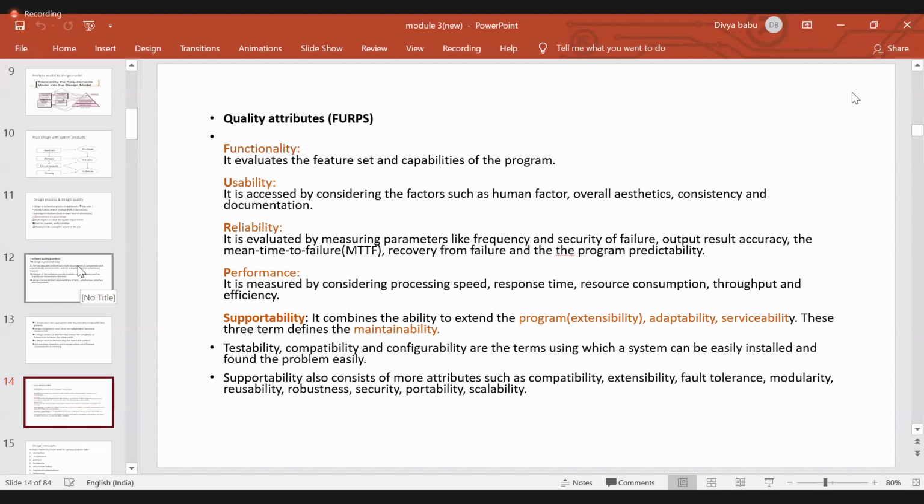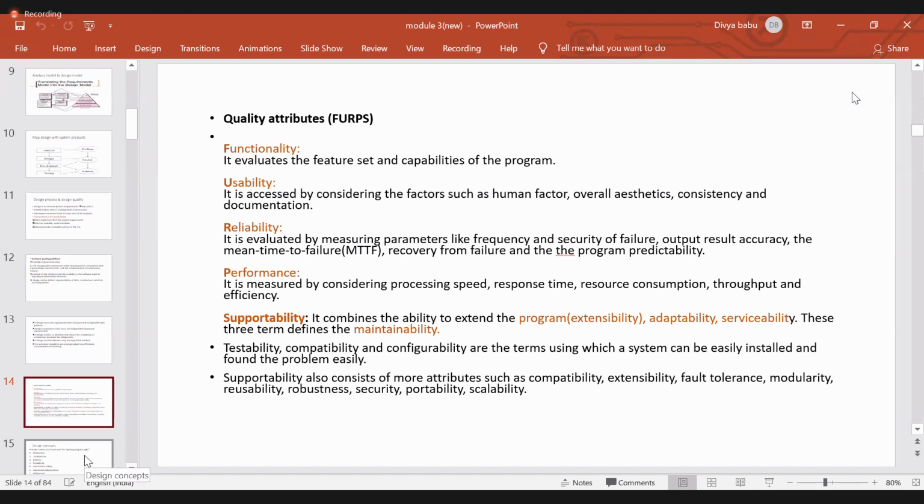Sometimes for Apple products, some apps are not working. Most of them are designed for Android versions. So platform independence is also a main factor. Then we need some extra support. So these are the quality attributes, FURPS. Remember the term FURPS: functionality, usability, reliability, performance, and supportability.